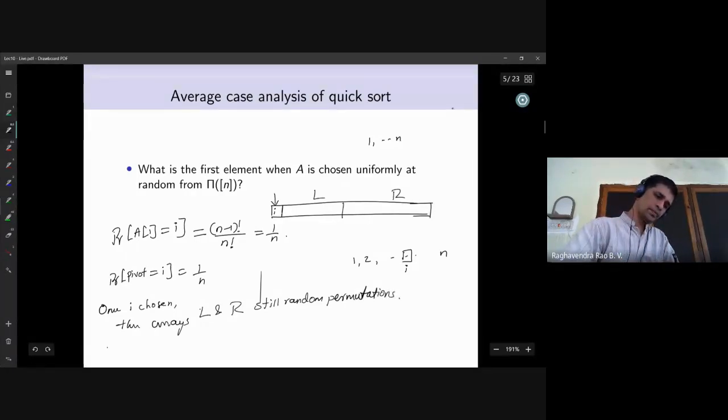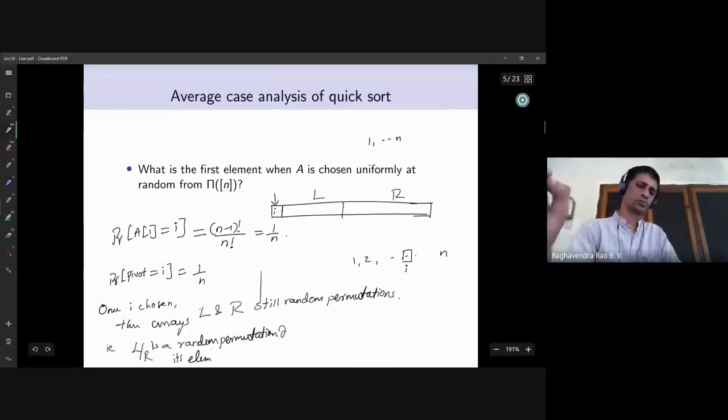That is, L is a random permutation of its elements. Similarly R. Both are random permutations.